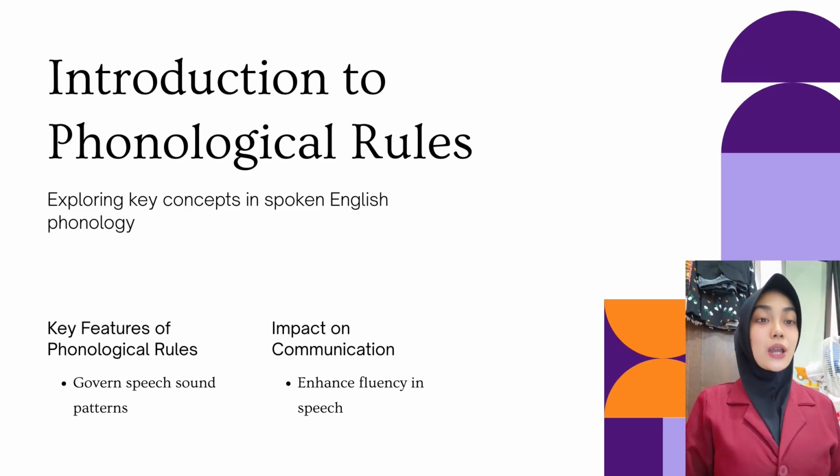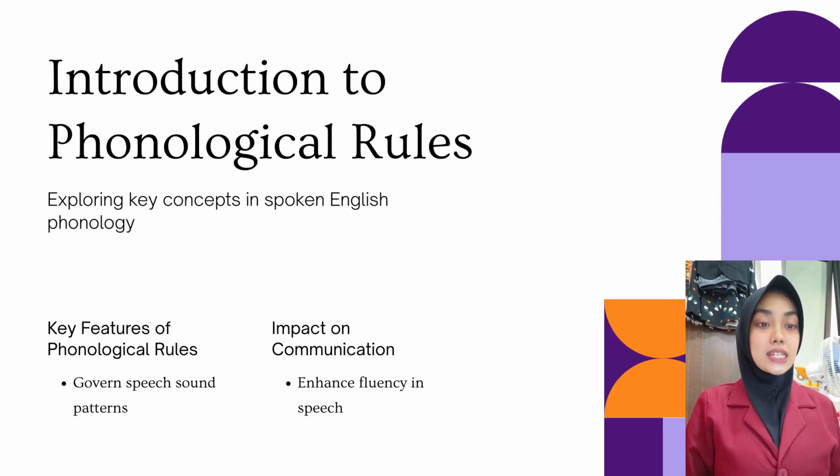So here I want to explain about the introduction to phonological rules. The first one is phonological rules. These are the principles that govern the sound system of a language. The second one is the importance of phonological rules.